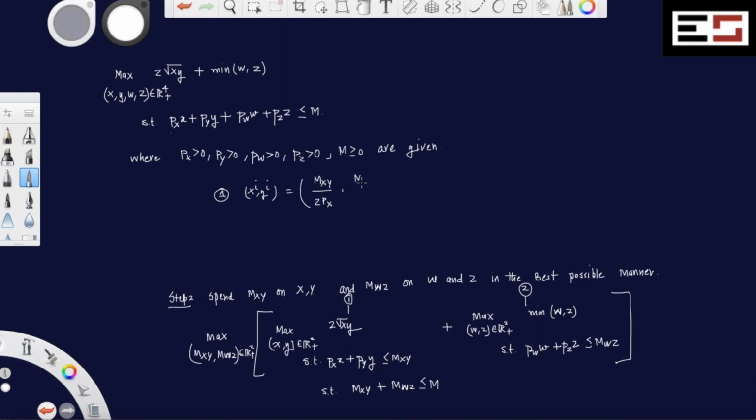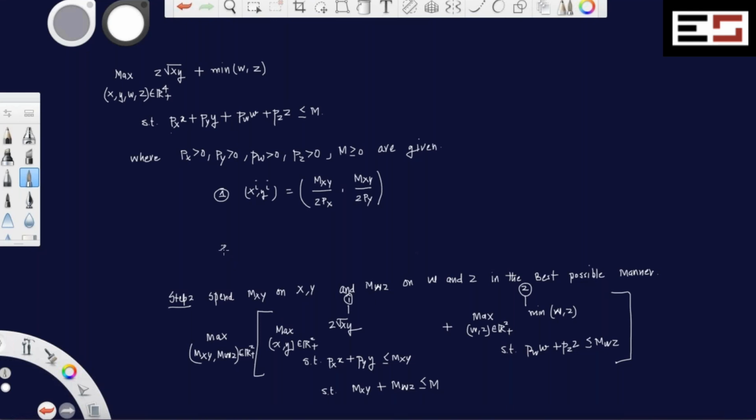All of you know how to get this, right? So I'm assuming that you know how to solve this problem. Is that okay? Do you all agree this is what we're going to get? Yes. Okay, so now you can solve the second problem.